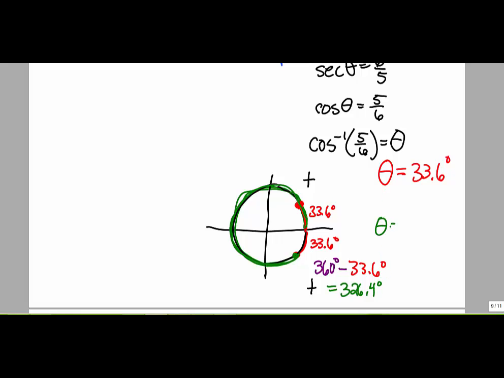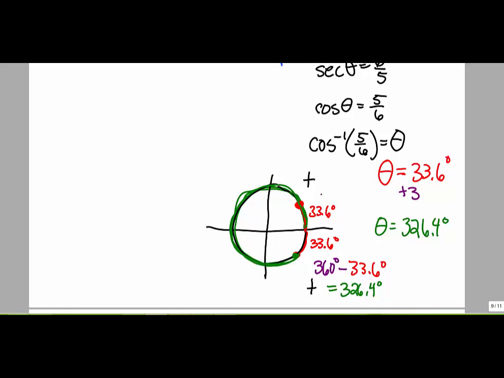Remember that we want to find all possible angles on the unit circle, and we use reference angles to determine how far into each quadrant we're going to go from the x-axis. We're asked to find all possible coterminal solutions to this as well.